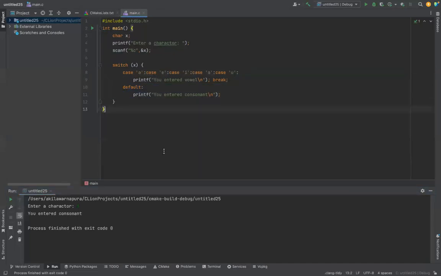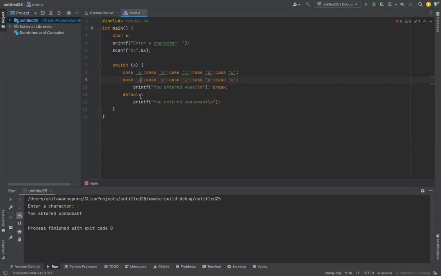Therefore, if you want to check the capital cases also, we have to provide those capital cases. So we can copy this and provide it on the same line or the next line. Here I use the next line. If you want, you can use the same line.